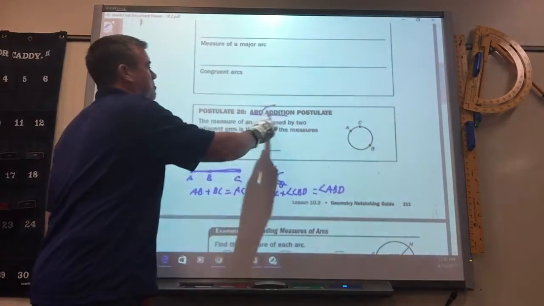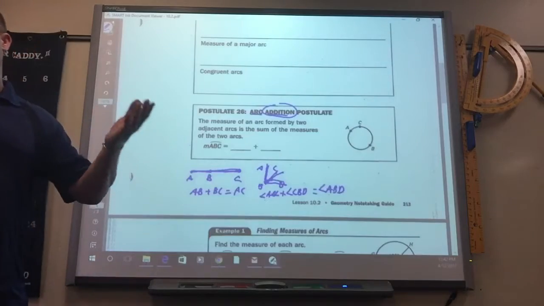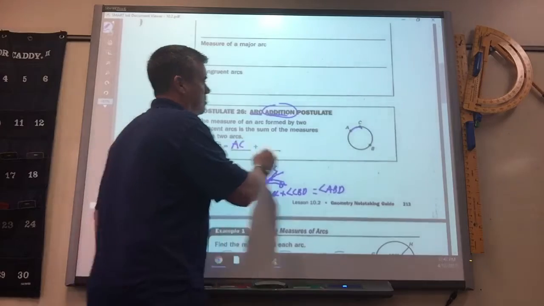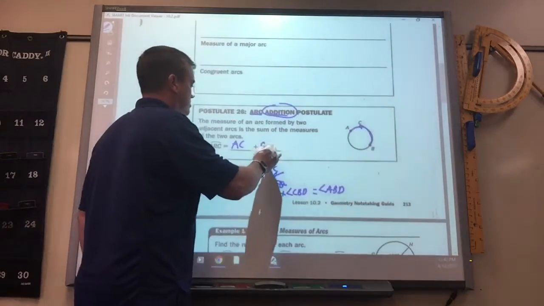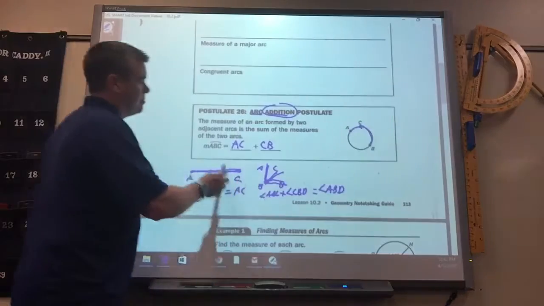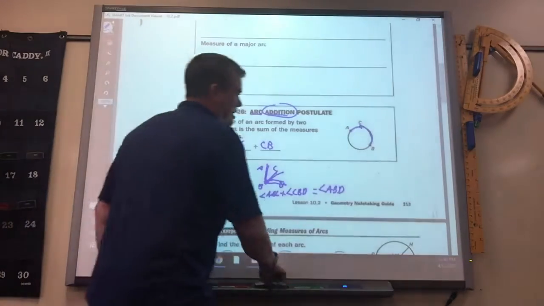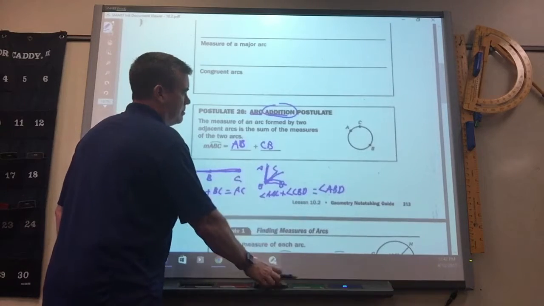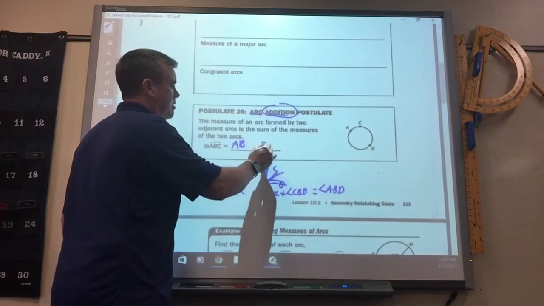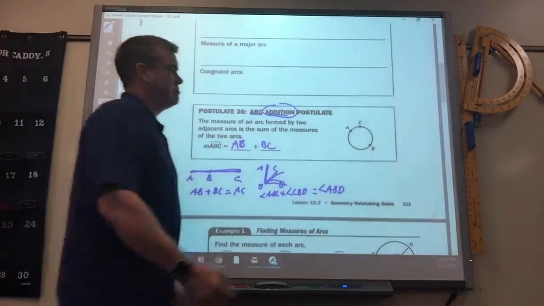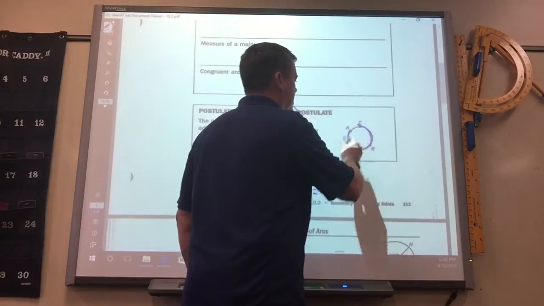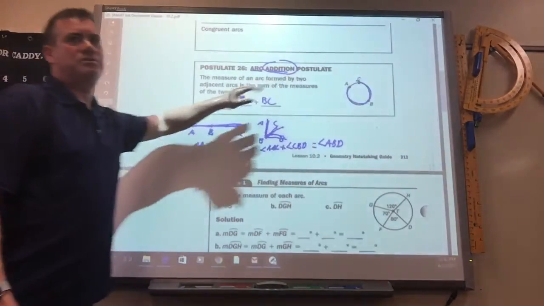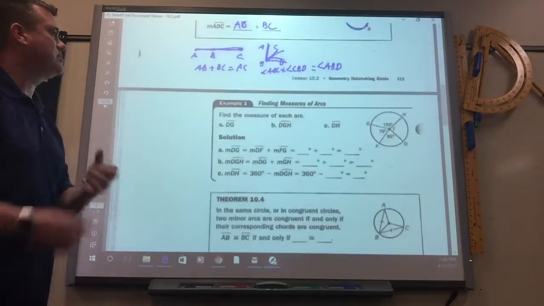All these addition postulates say if you add things together, it gets bigger. So arc AB plus arc BC is arc ABC. You could leave it CB or BC, it doesn't matter. This plus that equals the whole thing. Just common sense, that's why they call it postulates. Postulates are things that just make sense.